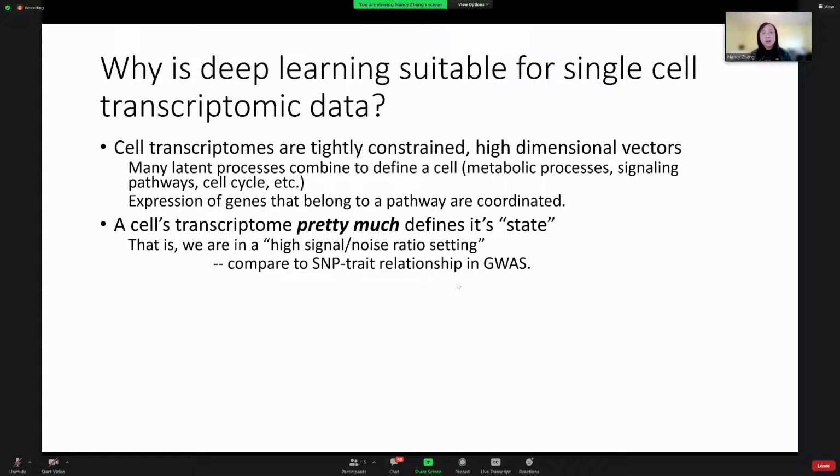Okay, and here's something that I'm starting to realize: a cell's transcriptome pretty much defines its state, in a sense that if you can see the cell's transcriptome, you know a lot about the cell. My collaborator is a protein biologist, and he works from proteomics, and I think we might disagree, but we have been looking at multi-omic data that pairs RNA with protein, so CITE-seq data where you collect protein markers as well as the RNA transcriptome of a cell, or ATAC and RNA.